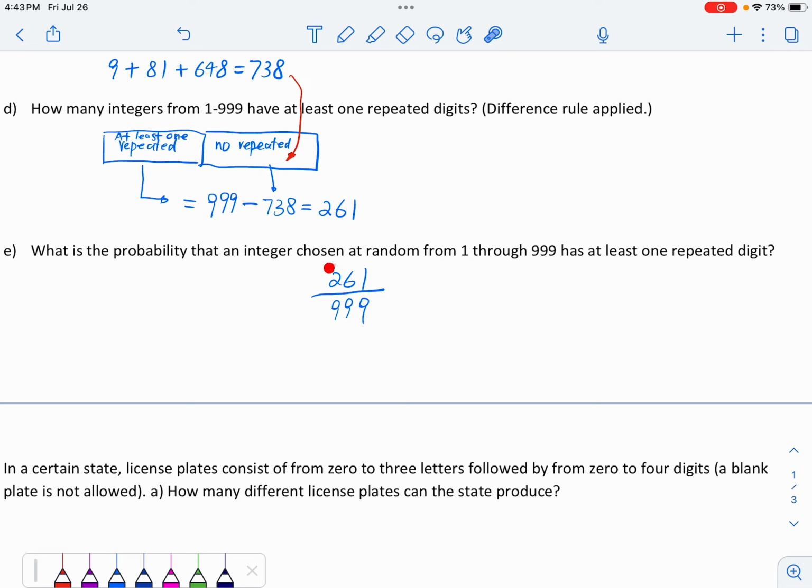This is divisible by 9 because the sum of the digits is 9. Cancel the 9: we have 29 over 111.